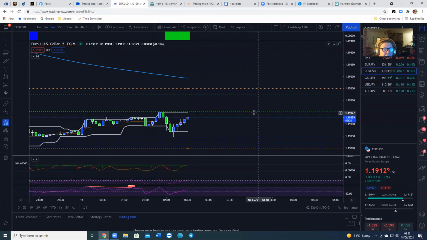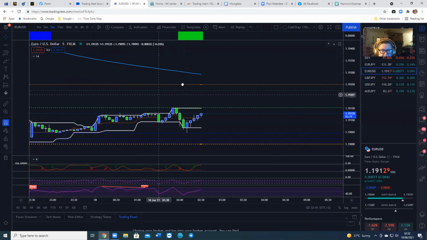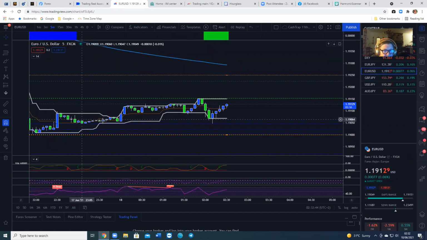Let's have a look here on the 5-minute. So we've had it consolidating, really, ranging, as we call it, between 0.48 and 153, 153 and 047.